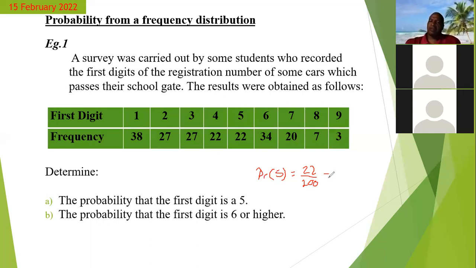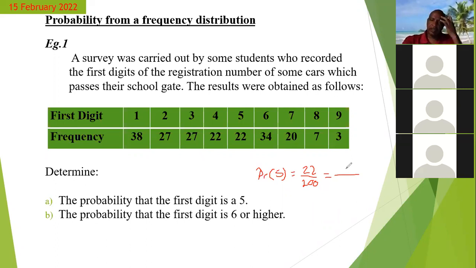What can go into 22 and 200? 2 into 22 will give you what? 11. And 2 into 200 gives you what? 100.